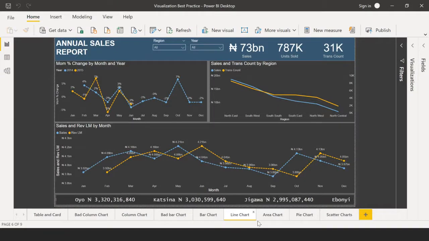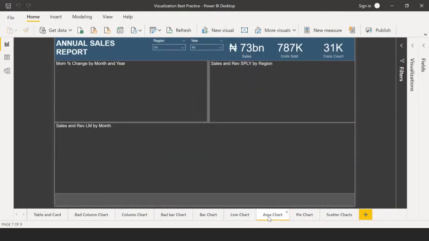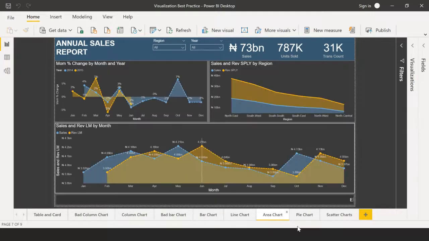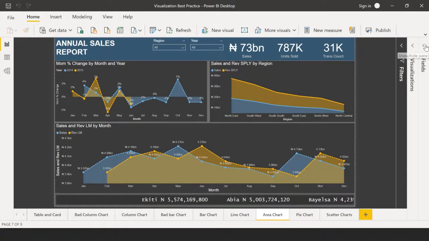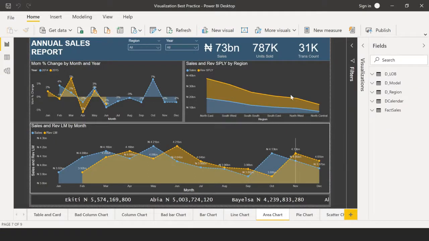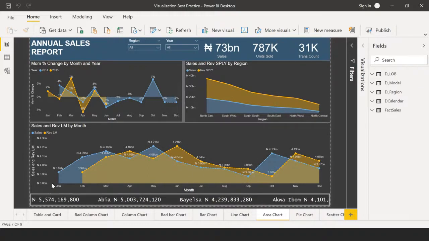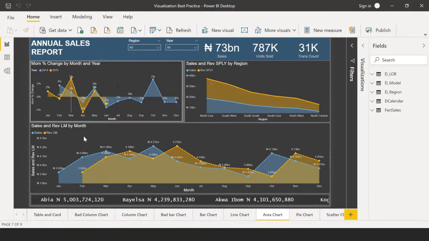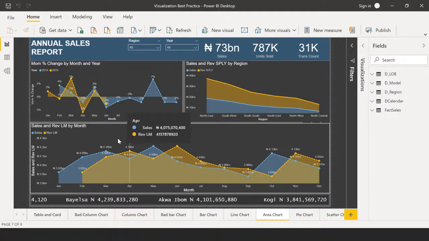If I go to my Power BI, you see the area chart here. The area chart is more or less like a line chart, but it also gives some kind of beautification to your report. This is still close to what I had earlier in the line chart, but this is an area chart and it visualizes it better.